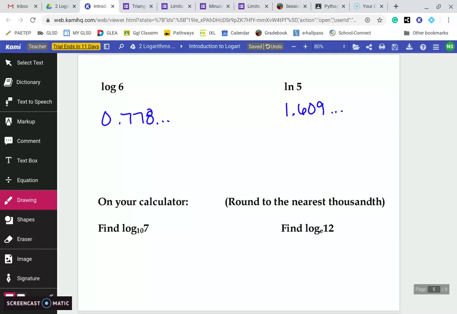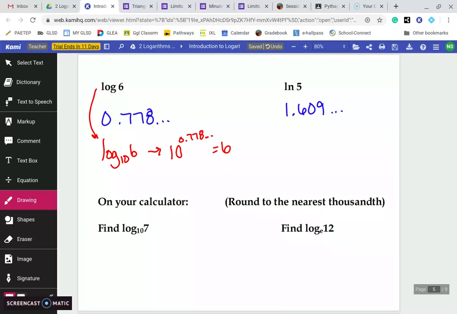Well, on a calculator, they give you two specific bases. This really means log base 10 of 6. Remember, this is an exponent. So this is saying that if you raise 10 to the 0.778 and so on power, you'll get 6. So that's what that button does.